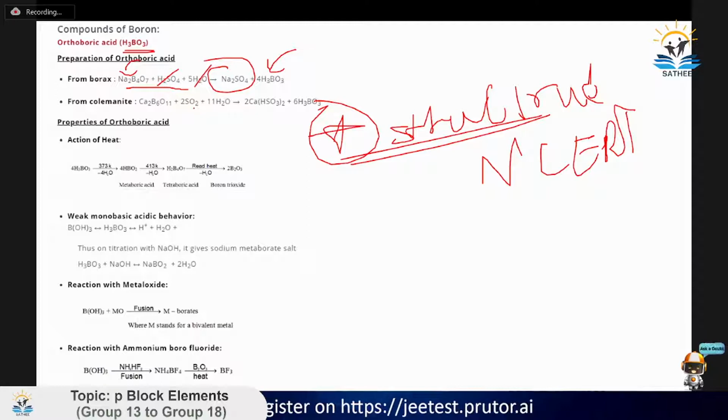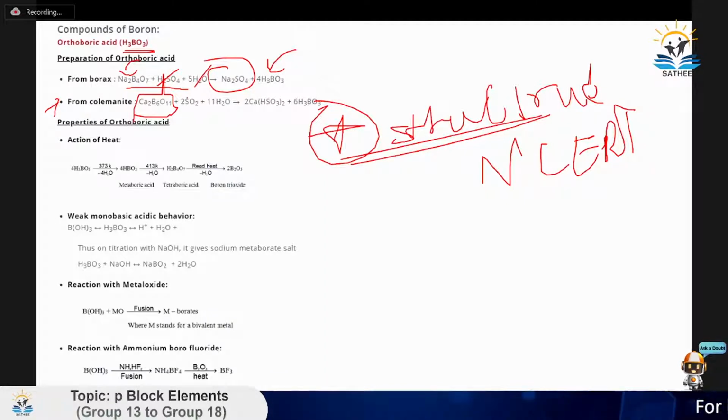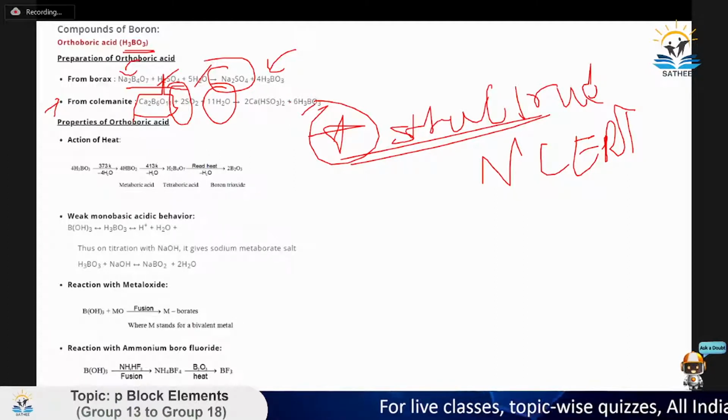A less common reaction, this one was actually given in my reference book also, is one using colemanite. This reacts with sulfur dioxide and water to give you calcium hydrogen sulfite, and boric acid or orthoboric acid.